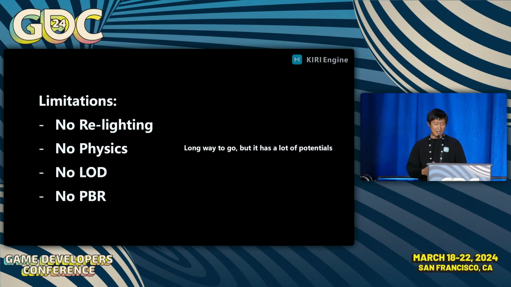So yeah, in conclusion, I think we have a long way to go. But like I said in the last sentence, it has a lot of potential. What I mean by that is, although 3D Gaussian has a lot of limitations, it's not something that is unsolvable. Because I'm not sure if you guys know it, but the format of 3D Gaussian splatting is called PLY format.